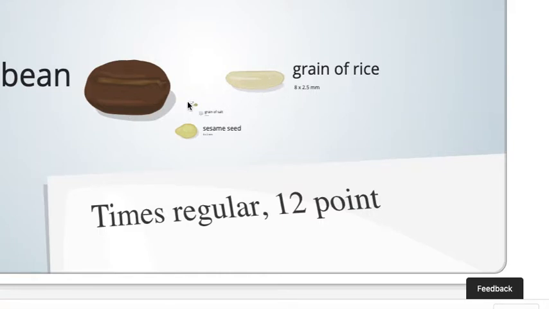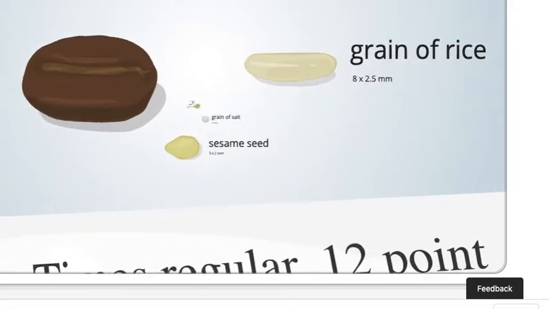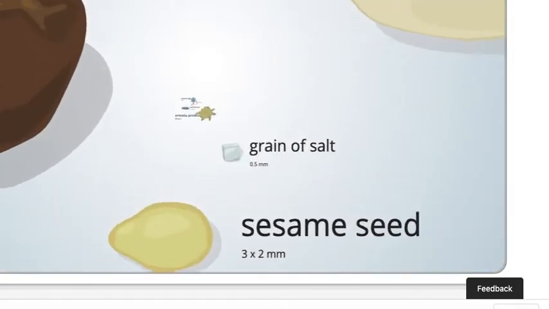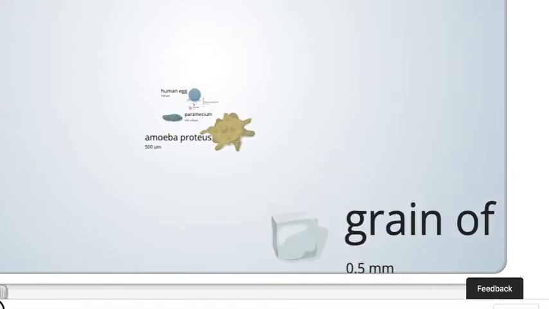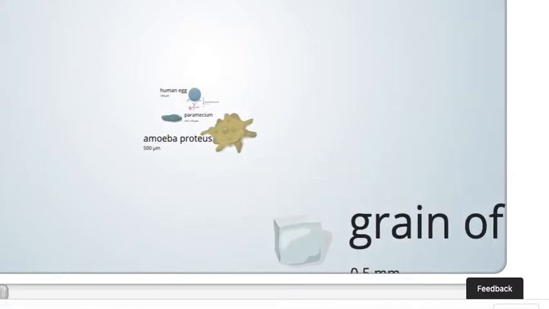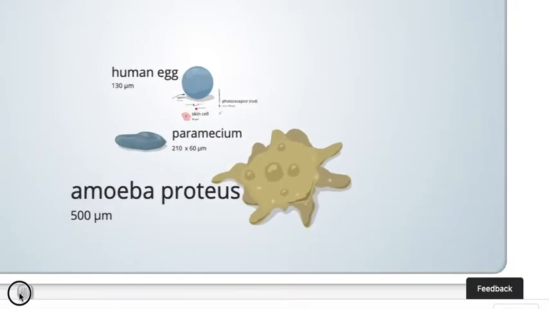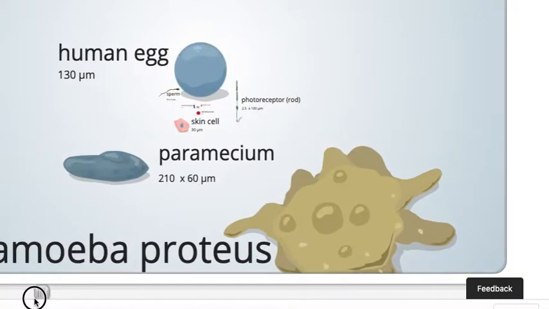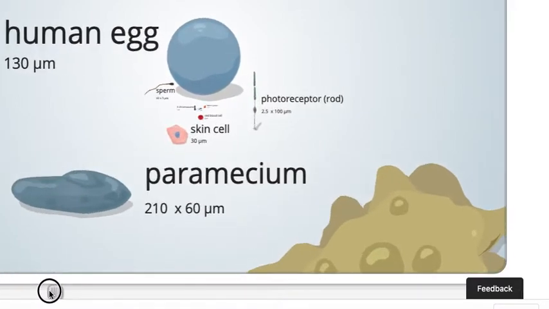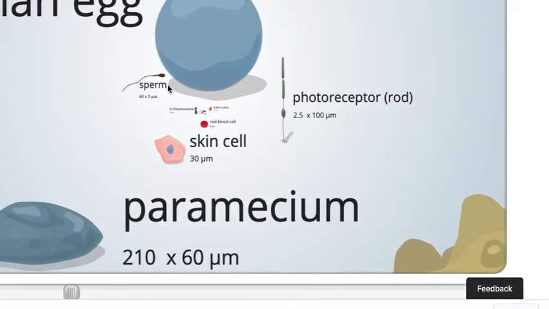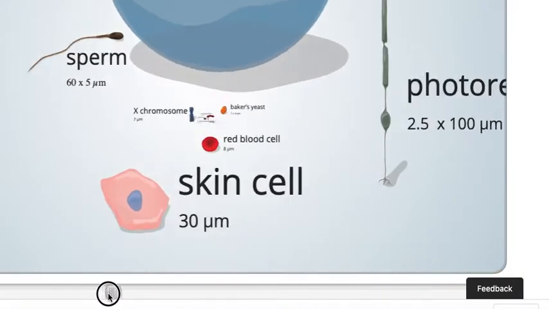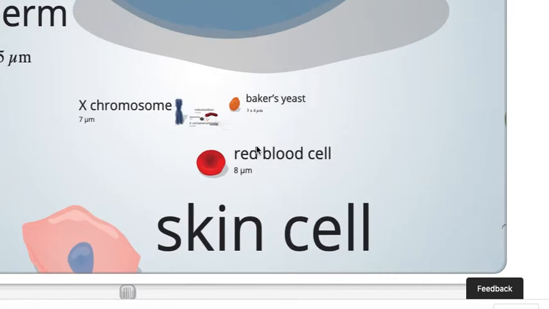And if they were blown up to this big, which this is probably the way you're viewing it is probably bigger than a coffee bean, but if they were that size and you zoom in slowly, we can get down to what's called an amoeba and a paramecium and even a human egg and skin cell and the photoreceptors in the back of your eyes and a human sperm cell. There's the human sperm cell compared to the egg. Look at the size difference. It's a huge difference. And then one human chromosome and a red blood cell and yeast, Baker's yeast.